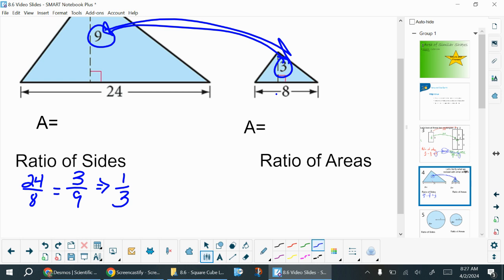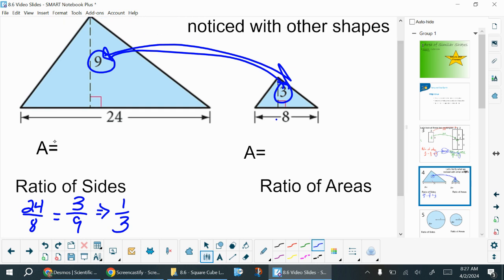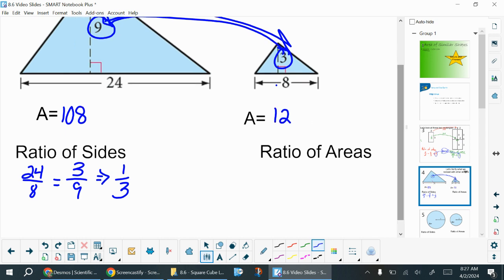Now, if I find my areas, using 1/2 base times height, this big one ends up being 108, and the little one ends up being 12. What do you think 108 divided by 12 is going to be? If I take that ratio of the areas, oops, I did small over big. That's one thing you've got to do: make sure you're consistent with what you're doing.